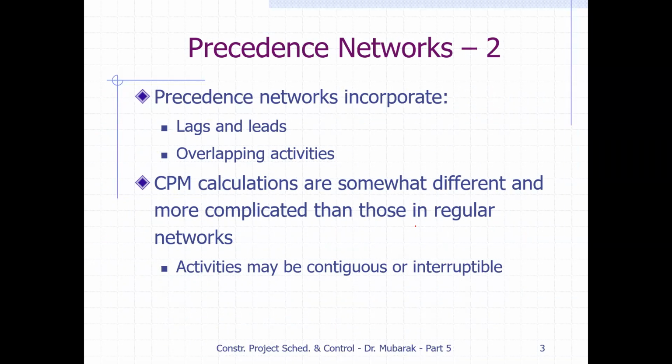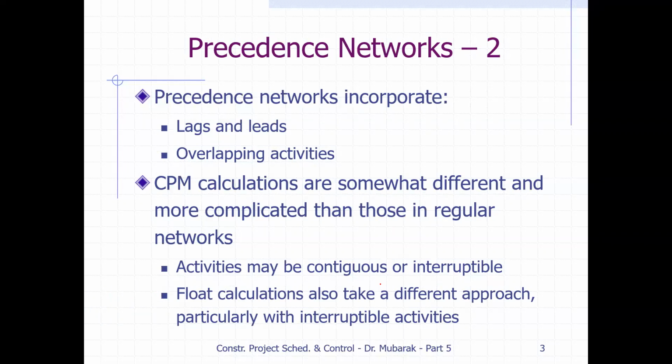Two types of activities will be incorporated in our scheduling: the first one is contiguous, and the second one is interruptible. We'll assume that all the activities are contiguous, and once we finish our diagram, we go back to it to introduce the interruptible activities, if there are any.